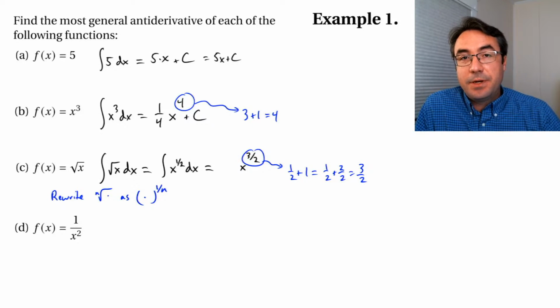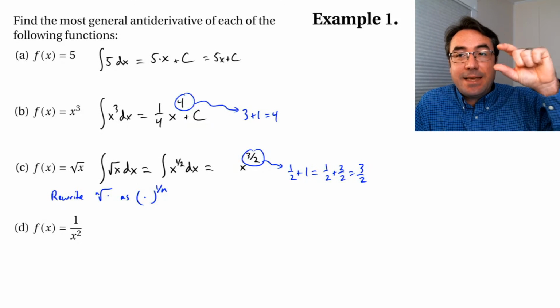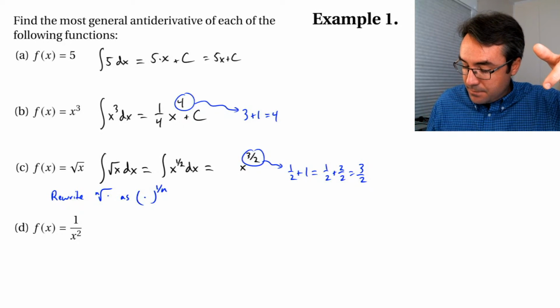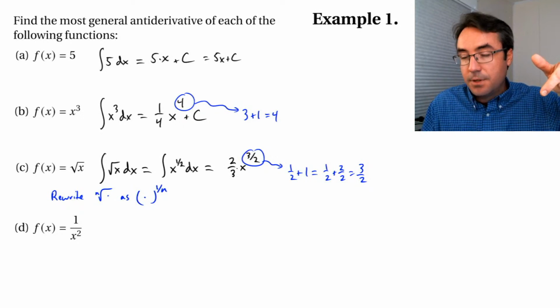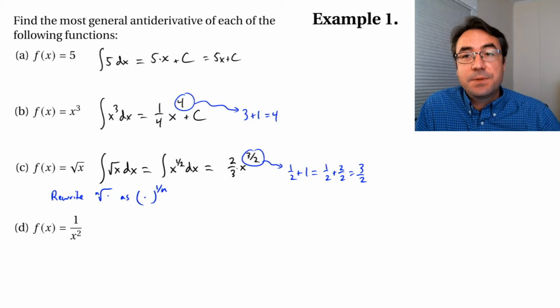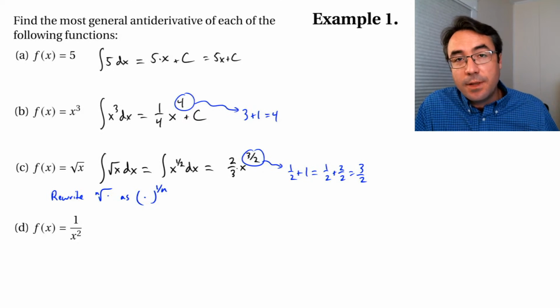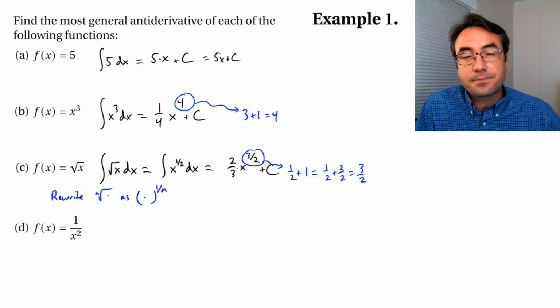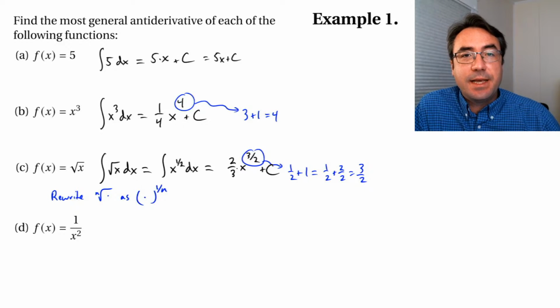So our new exponent is 3/2. And then we take that fraction and we flip it, put it in front. So 2/3. So our antiderivative is 2/3 times x to the 3/2. And then we want the most general antiderivative, so plus c. So we add on our plus c at the end.